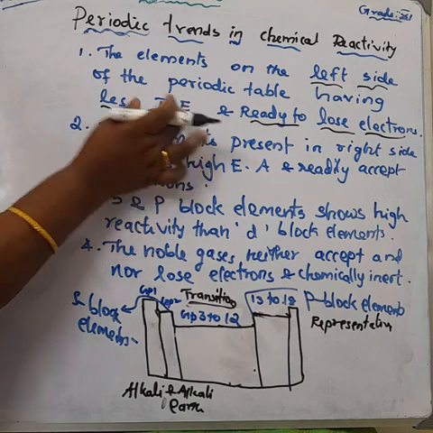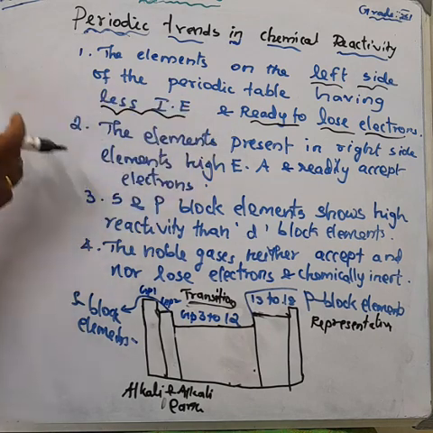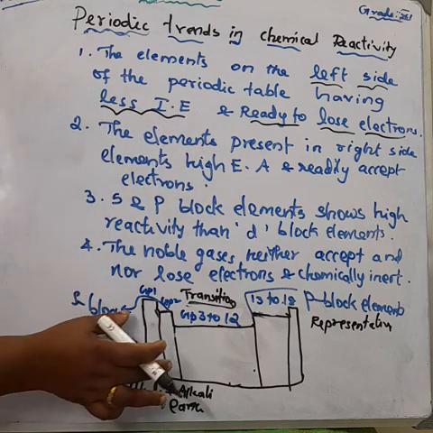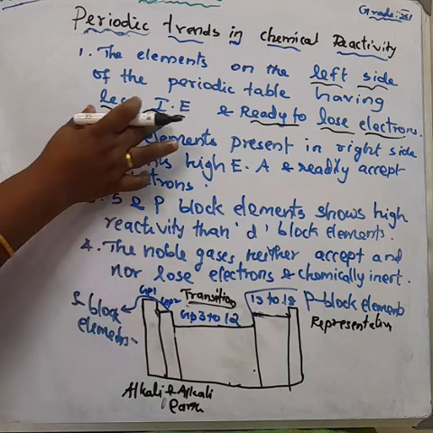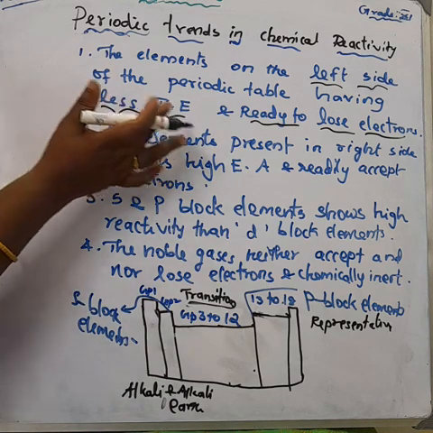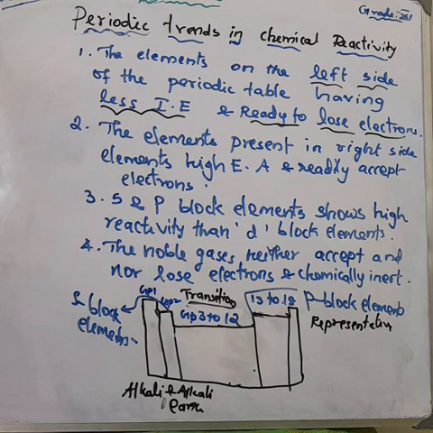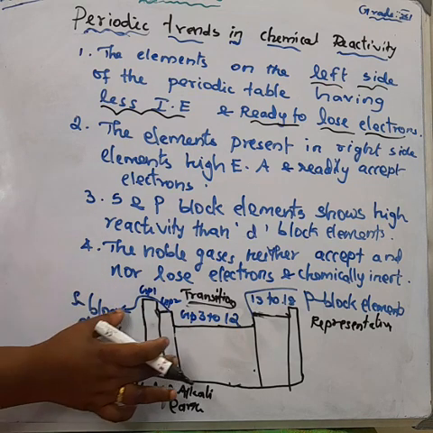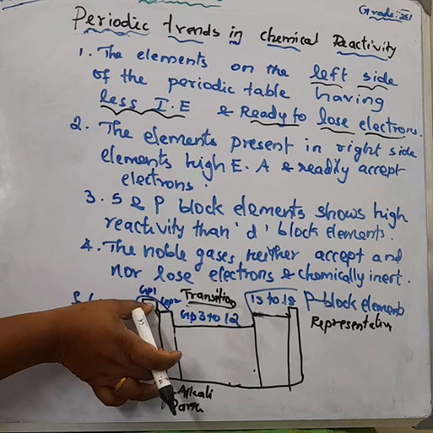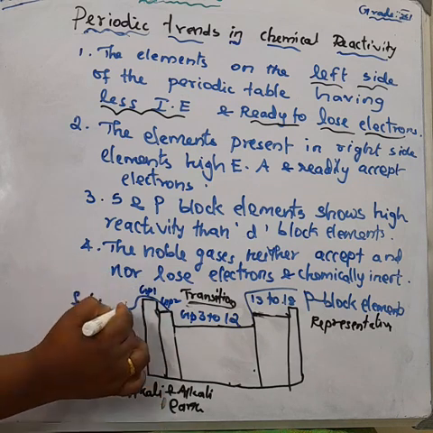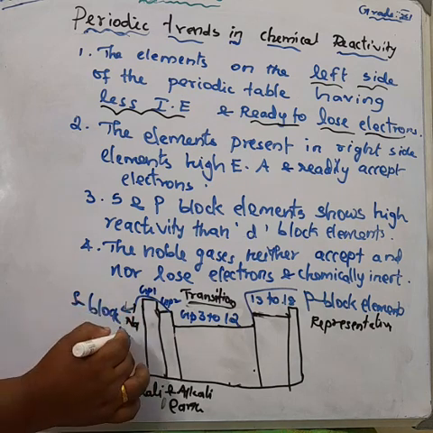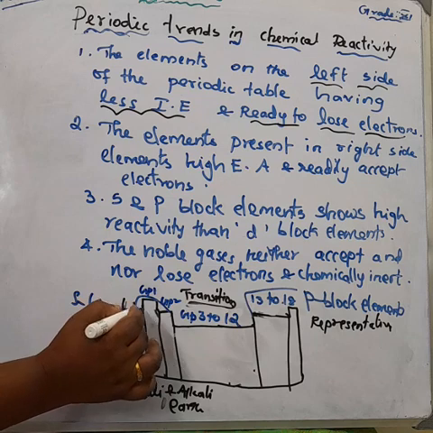Here we are going to study how the ionization energy varies. The elements on the left side of the periodic table have less ionization energy and are ready to lose electrons during a chemical reaction. We know the left side of the periodic table has group 1 and group 2 elements. What are the group 1 elements? Lithium, sodium, potassium, rubidium, cesium and francium. What is the outer electronic configuration?